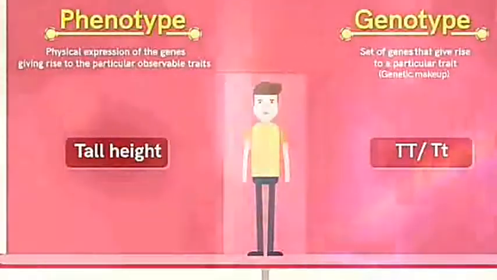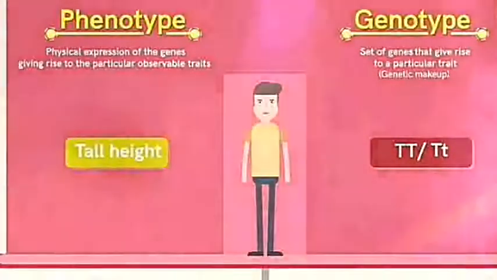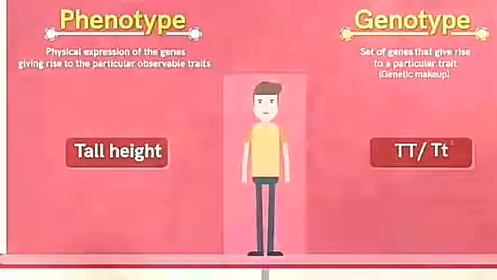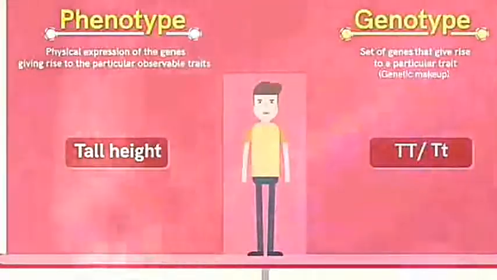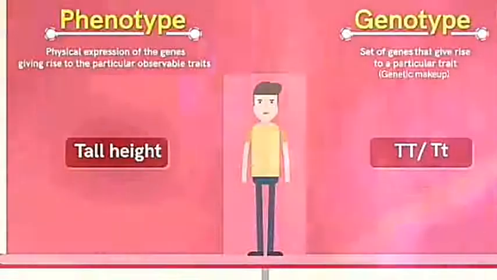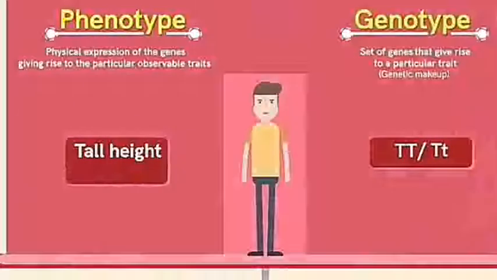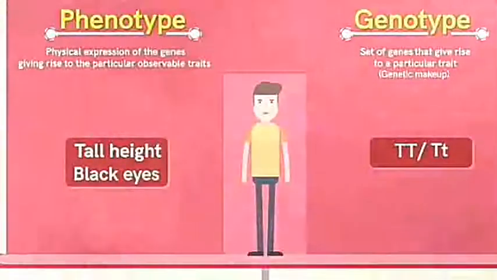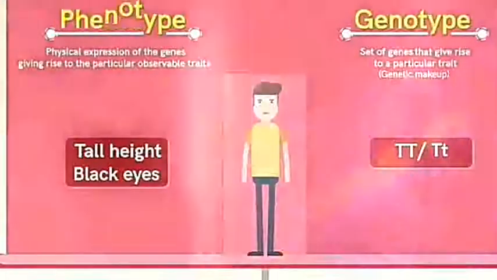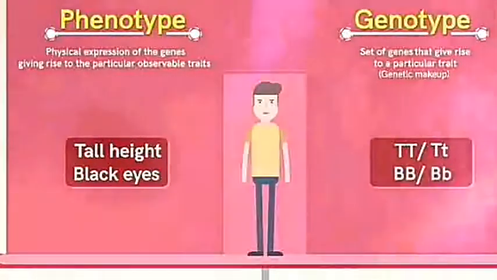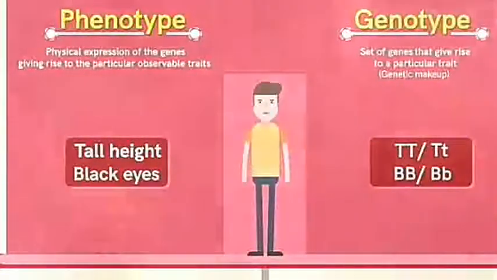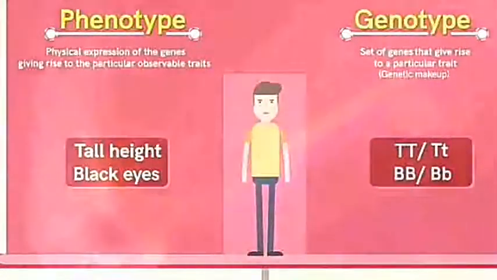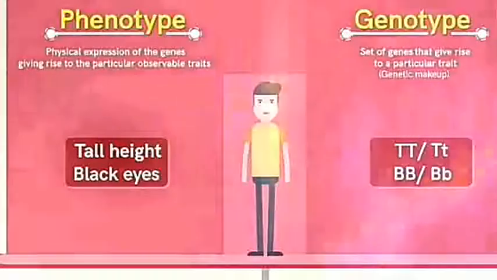It is called genetic makeup. So the tall height is the phenotype, while homozygous tall and heterozygous tall are the genotype of the height. Similarly, for hair color, black color hair is the phenotype, while homozygous black or heterozygous black would be the genotype of the color.